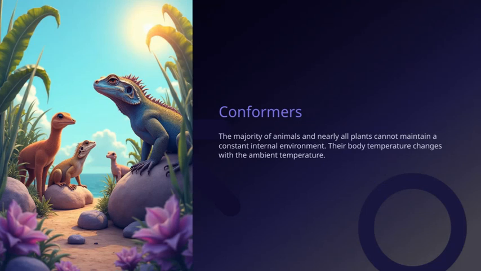The majority of animals, and almost all plants, are unable to maintain a constant internal environment. This means that their body temperature tends to change along with the temperature of their surroundings. These organisms are known as conformers. Essentially, they conform to the temperature conditions around them, rather than regulating their internal temperature independently.